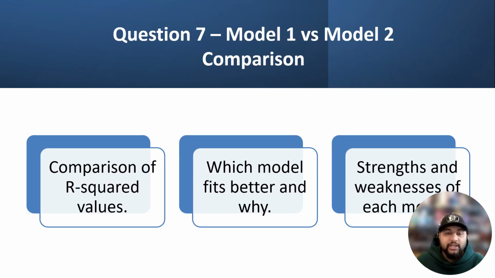Then we have the model one versus model two comparison. Comparing model one to model two reveals that model two performs slightly better, as indicated by the higher R-squared value.